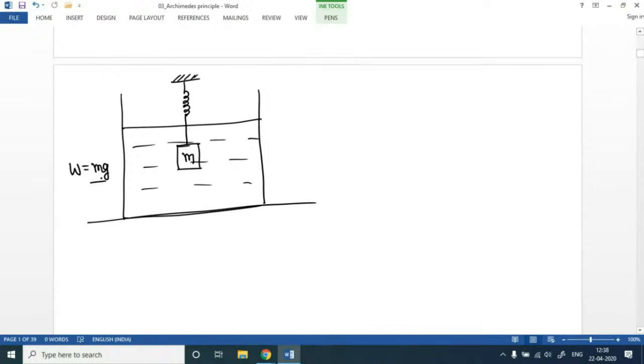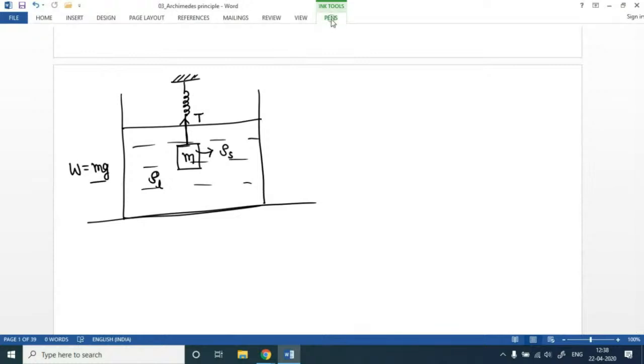So when this block is submerged into this liquid of density rho, what would be the effective weight of this block? Effective weight will be nothing but the tension in this string, whatever tension is measured by this spring balance. Let's say this liquid's density is rho L and this solid density is rho S. So we have to find out the effective weight.